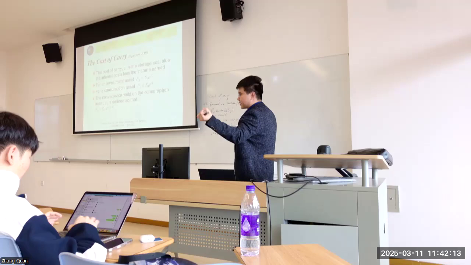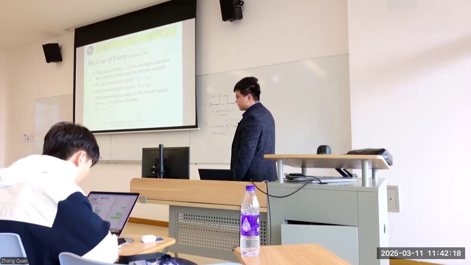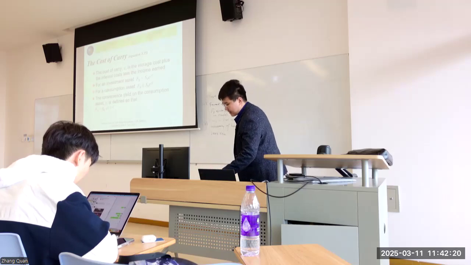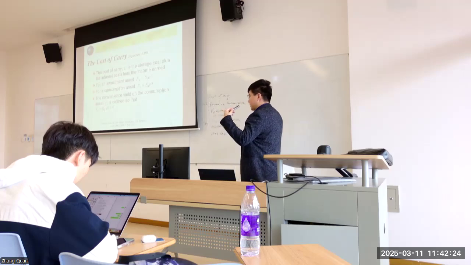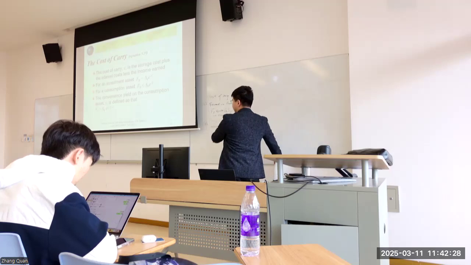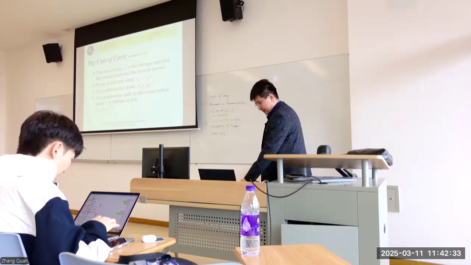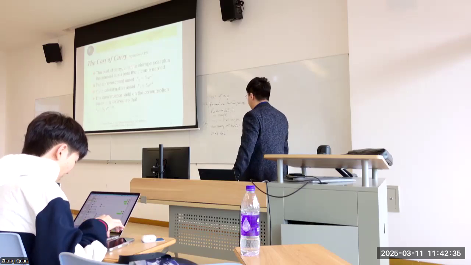So those banks that determine the risk-free rate are also the players. It is very intuitive to assume that they will borrow and lend at the risk-free rate, and they will maintain the fairness of this determination. So this is about cost of carry.